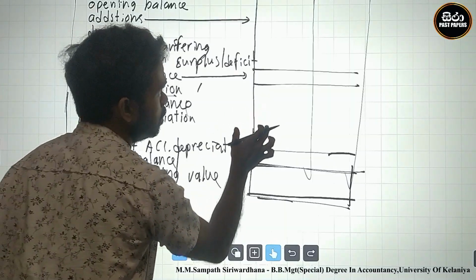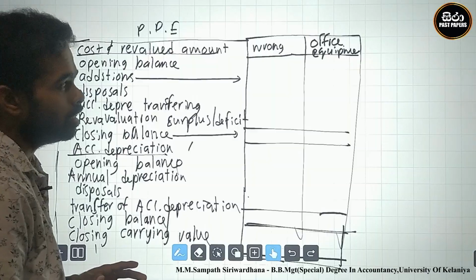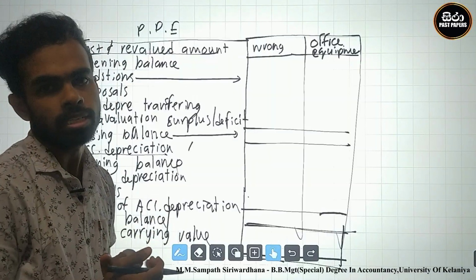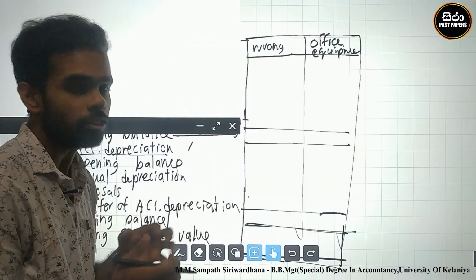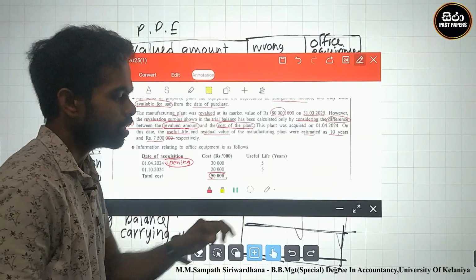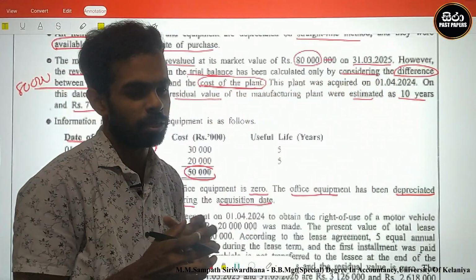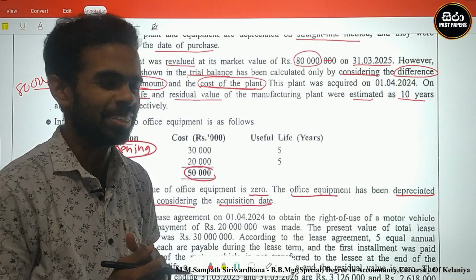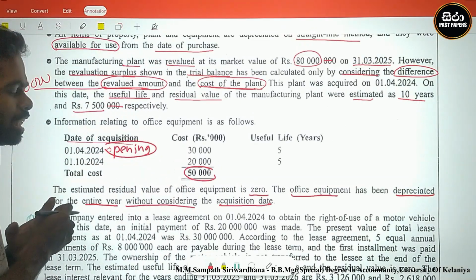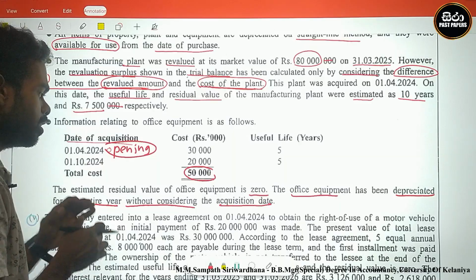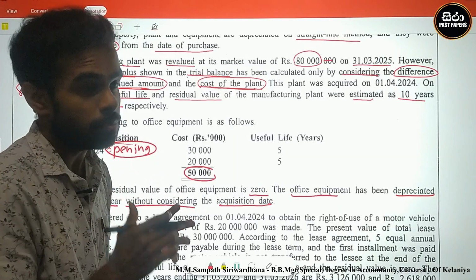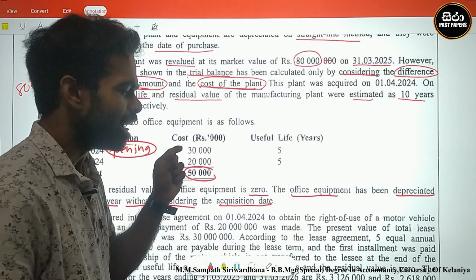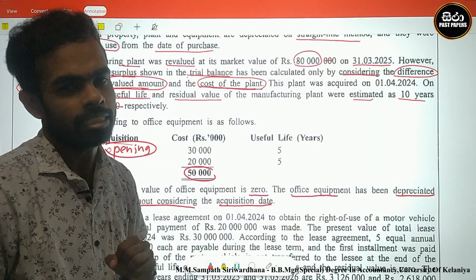Okay, let's see. First of all, we must identify the cost of the asset. This company commenced at the opening date, therefore we must first concentrate on cost. All the assets, the 50,000 in the trial balance, are acquisitions in the current year.